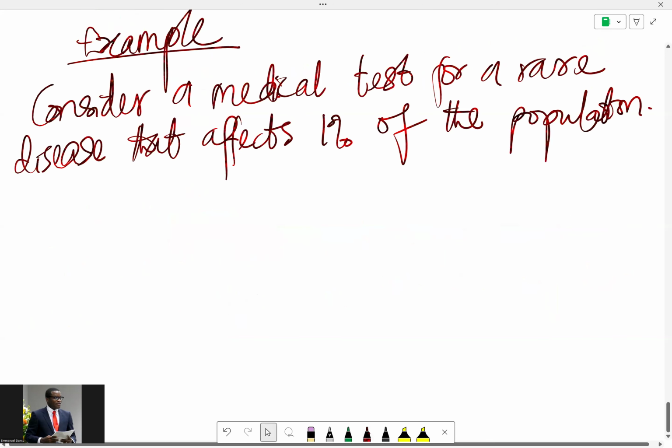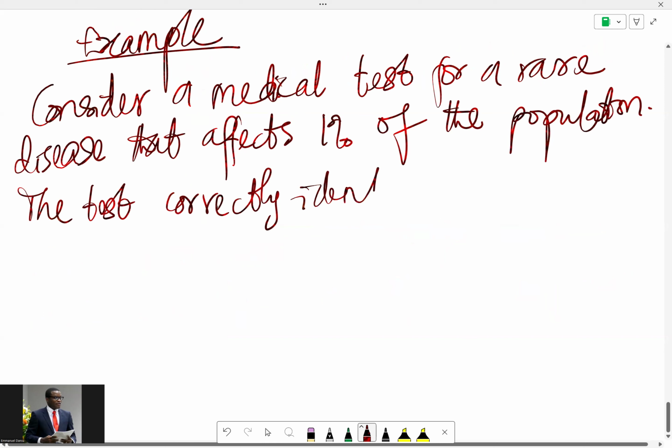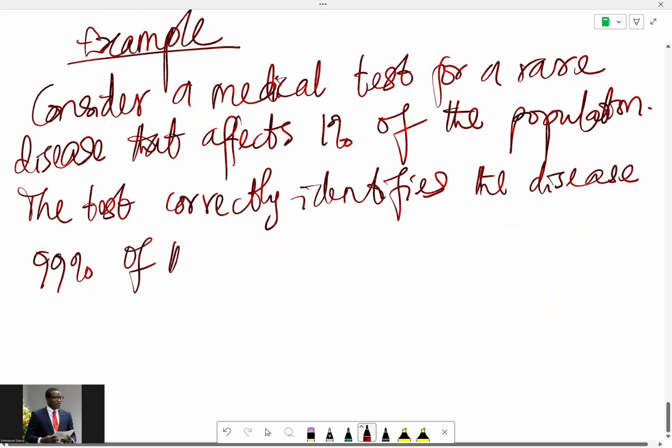The test correctly identifies the disease 99% of the time.